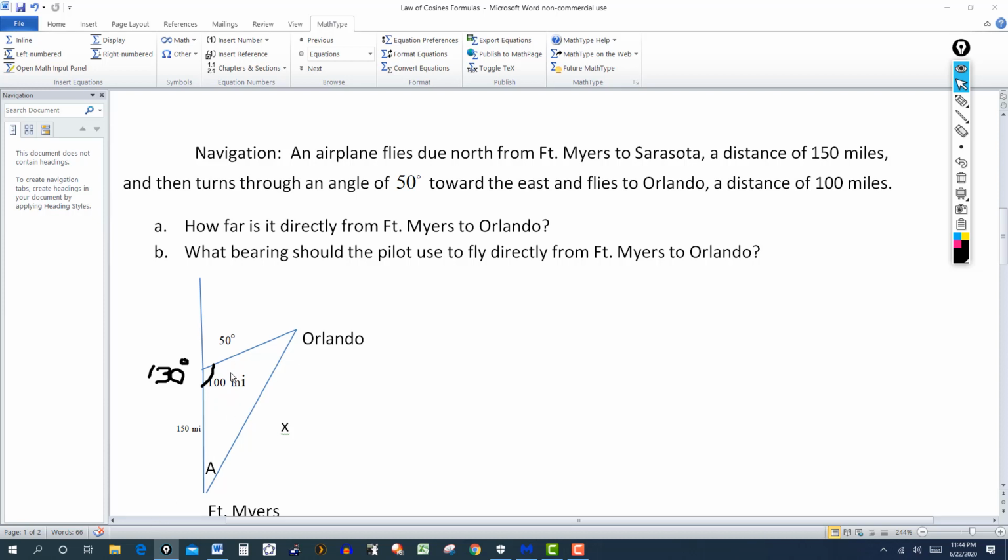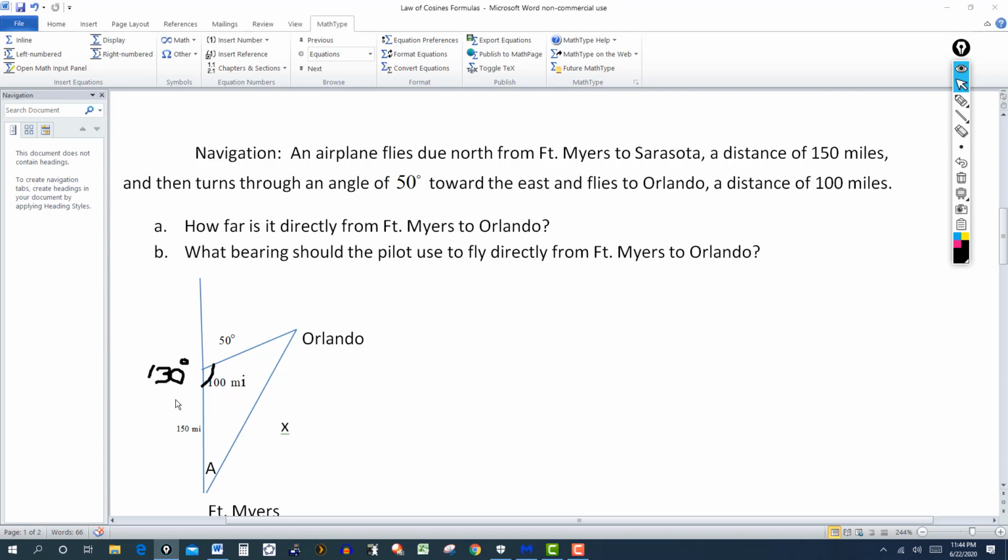According to the law of cosines, if I take the square of any side of the triangle, that should equal the sum of the squares of the other two sides. Remember, after the 50 degrees, you flew to Orlando, this is 100 miles, and this side right here is 150. So x squared should equal 150 squared plus 100 squared minus twice the product of those two sides and the cosine of the included angle between them, which in this case would be 130 degrees.